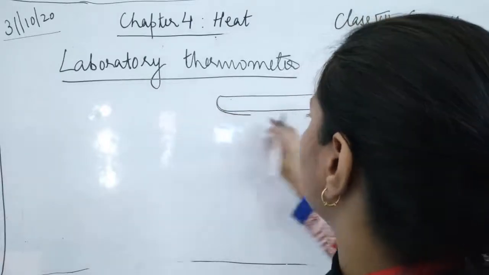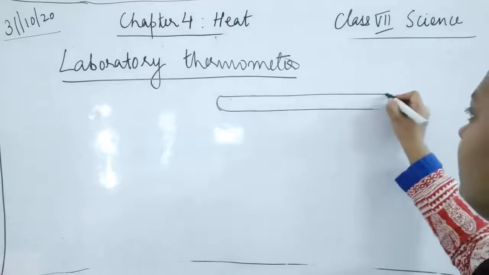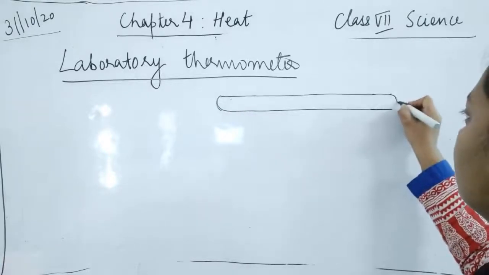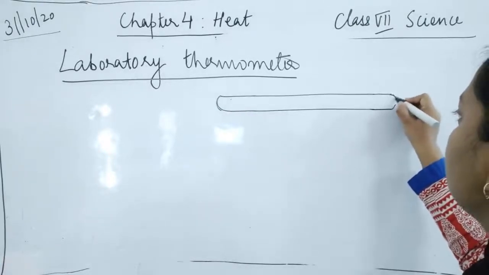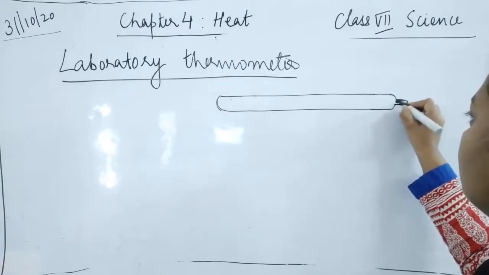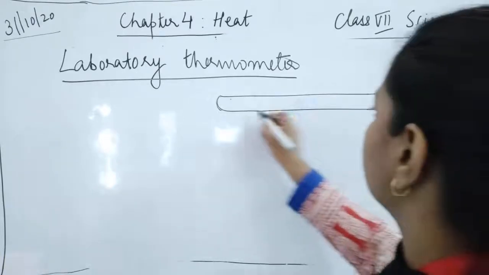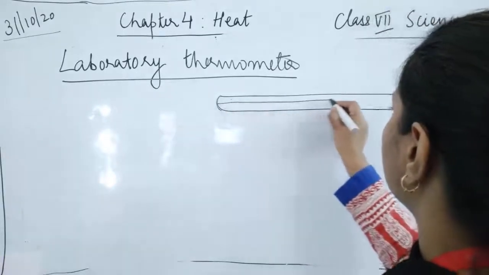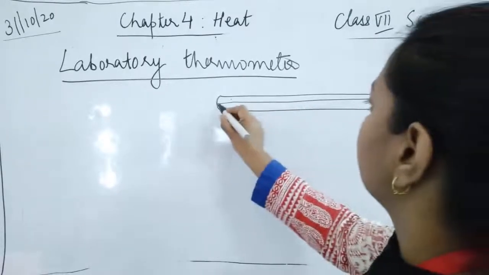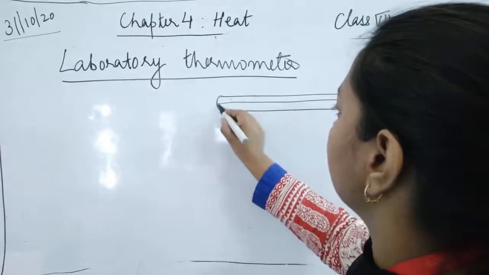So I'll draw a large diagram of this. It is also given in your book, you can check it from your book also. So this is mercury, and this is the capillary.